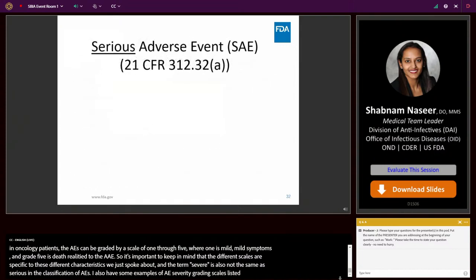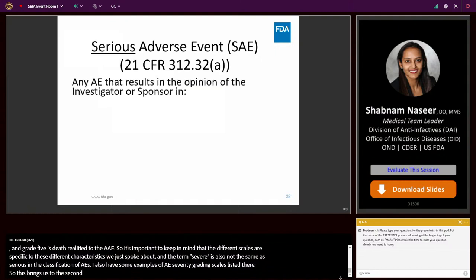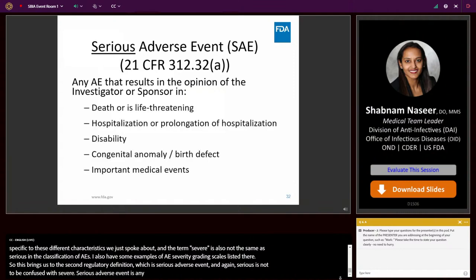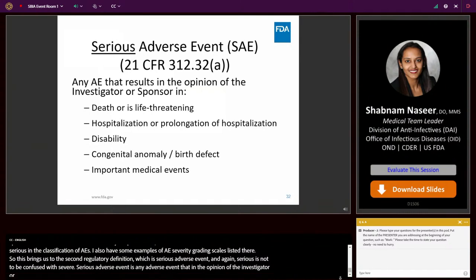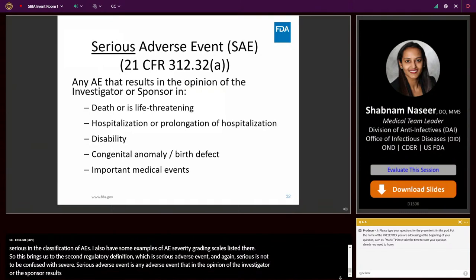So this brings us to the second regulatory definition, which is serious adverse event. And again, serious is not to be confused with severe. Serious adverse event is any adverse event that, in the opinion of the investigator or the sponsor, results in death or is life-threatening, results in hospitalization or prolongation of an existing hospitalization, a disability, birth defect, congenital anomaly, or an important medical event.